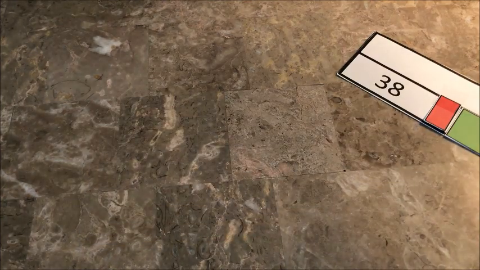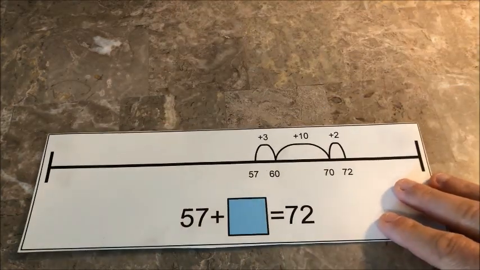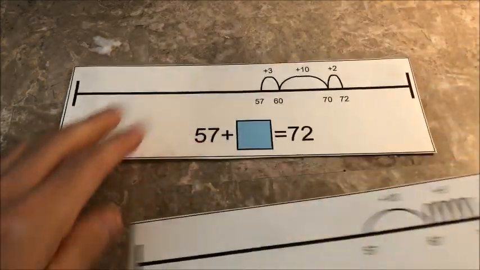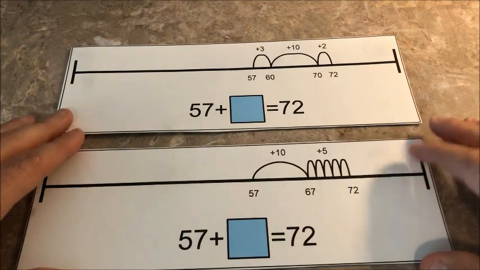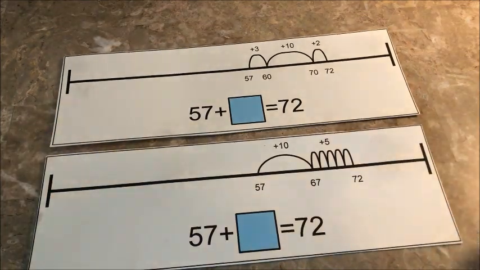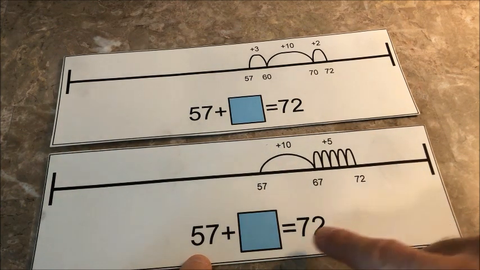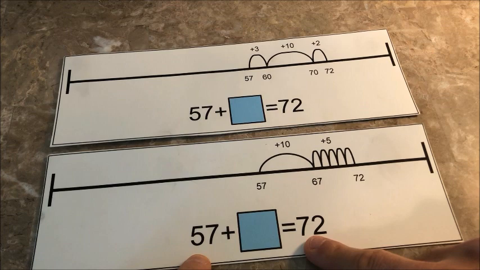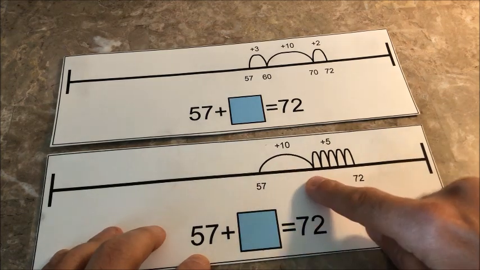Then the final way too is, remember, it's not just about solving missing numbers to 100. There are two different methods that you can use: one is called the jumping method, one is called the splitting method, okay? The first one is just right here. If you go 57, basically what they're doing is counting their way up to 70, so they're going 57, 67.